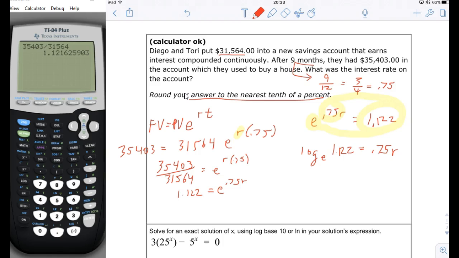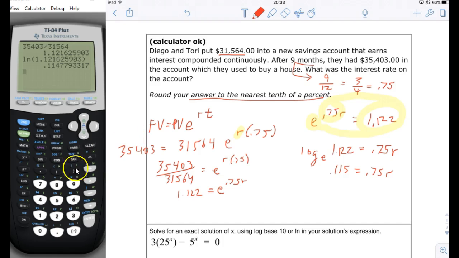And remember that log base e is the same thing as natural log. So we can find the natural log of, or actually we just have it here, so we'll just copy this number here. And our answer is 0.115 on the left, and on the right side we have 0.75 r.